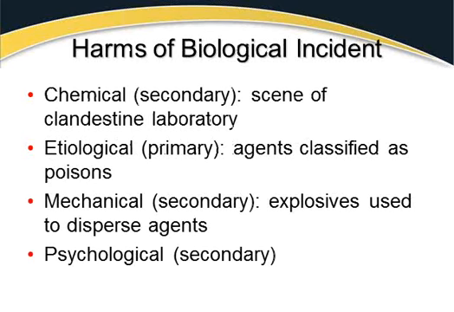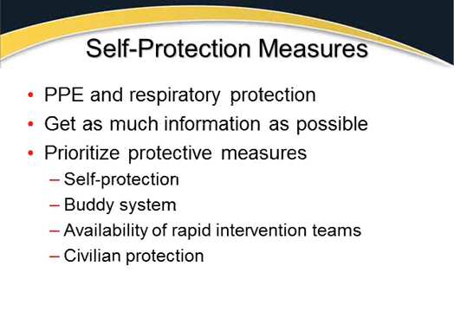So it talks about some of the harms that go along with the biological incidents themselves. Again, these are repetitive of what we've seen in prior slides. So protective measures for biologicals. Try to gather whatever information you can get.